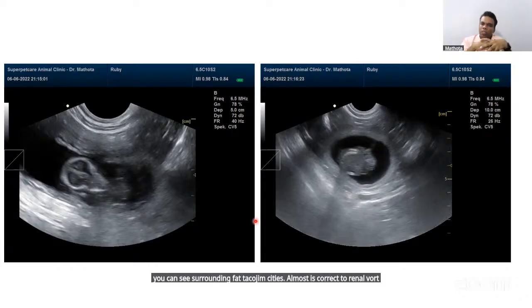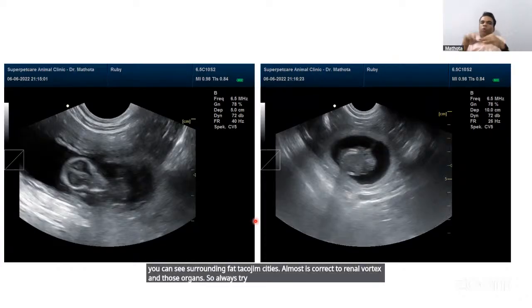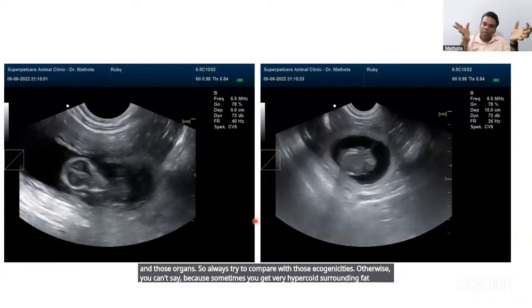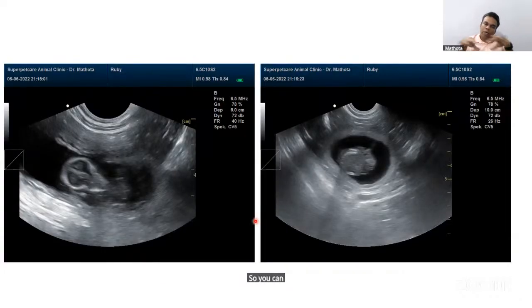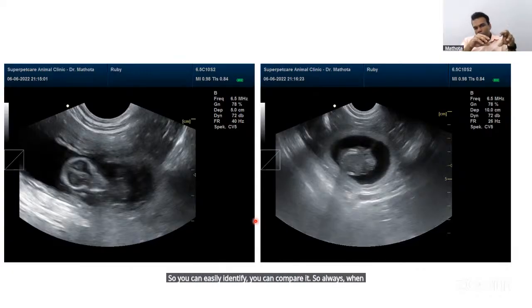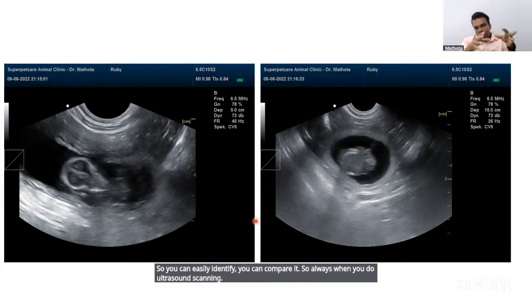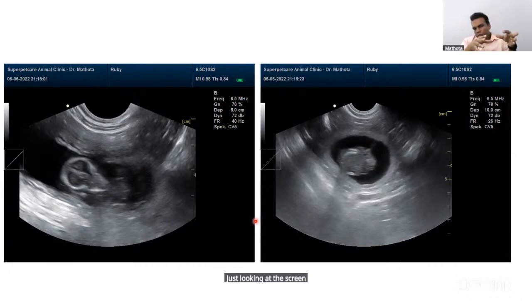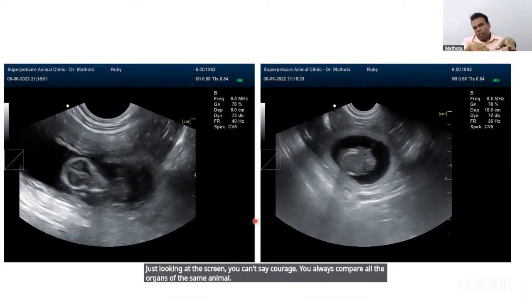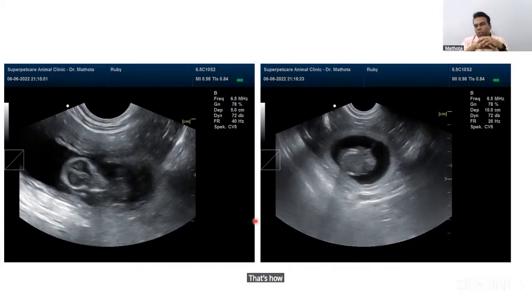So always try to compare with those echogenicities, otherwise you can't say, because sometimes you get very hyperechoic surrounding fat in peritonitis or some other infection. So you can easily compare with other organs. Just looking at the screen, we can't say echogenicity. You always compare all the organs of the same animal. That's how we give the echogenicity.